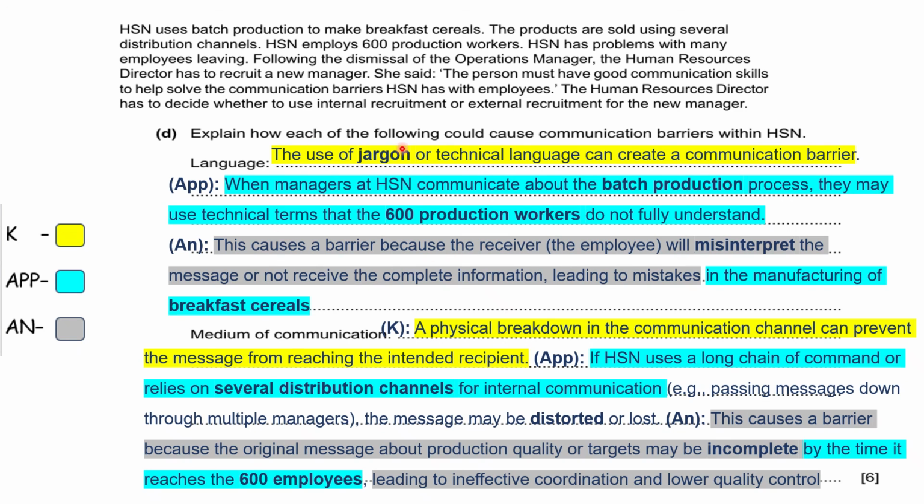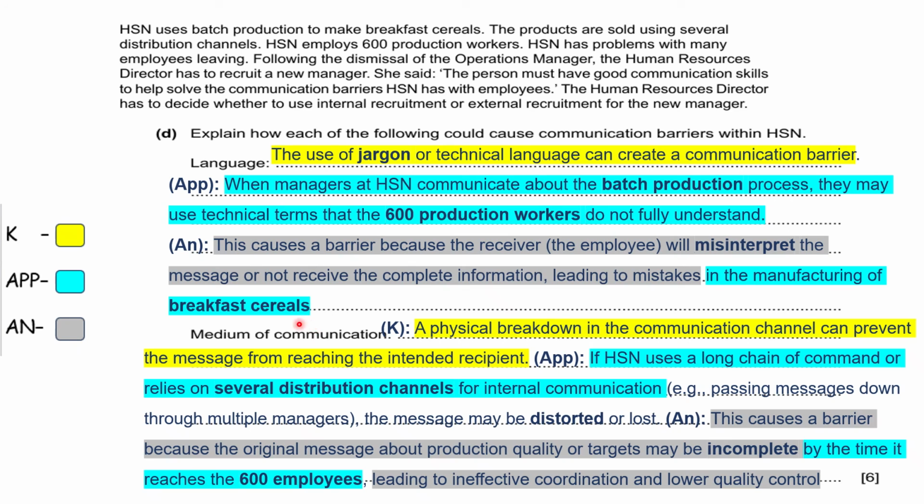So by writing the answer in this way, I have included knowledge, application, and analysis, which would fetch me 3 marks for the point of knowledge. And for medium of communication, what sort of a problem can happen through a medium of communication? Let's assume the physical mediums of communication like a phone or email.